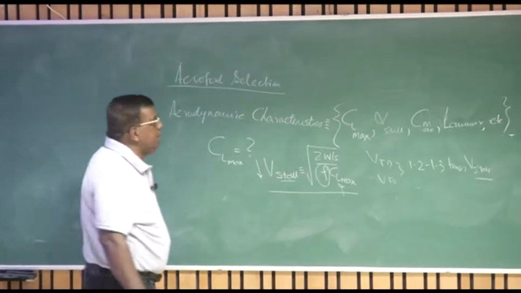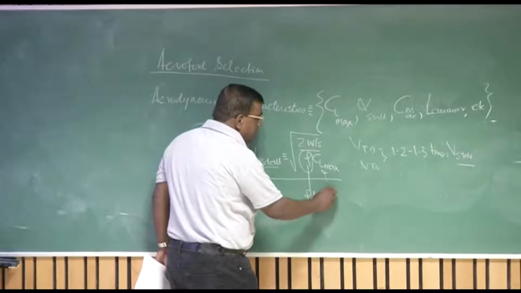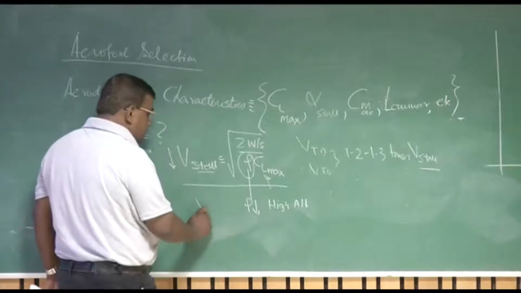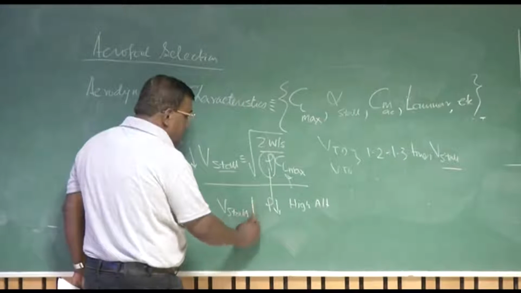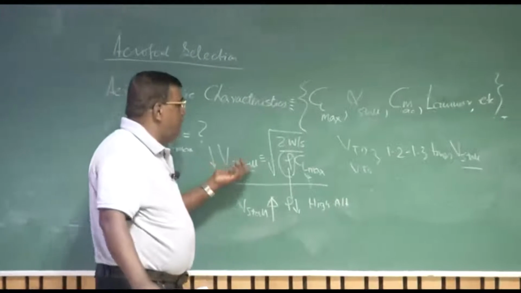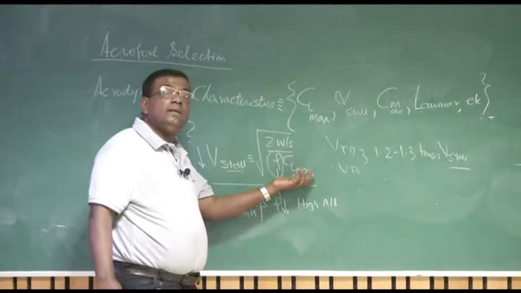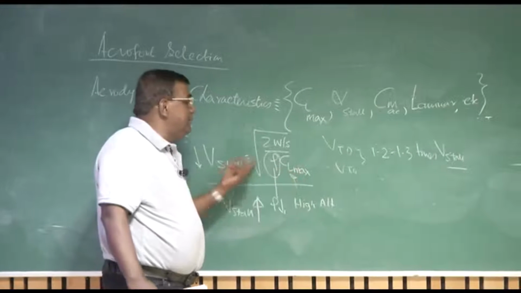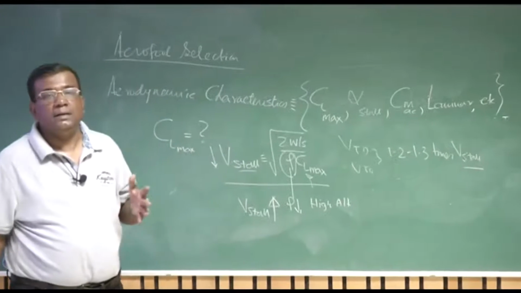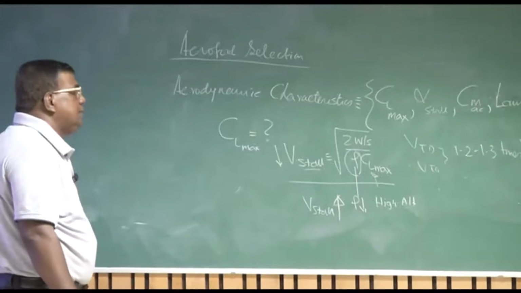So because rho goes down at high altitude, your Vstall has a tendency to be more than the Vstall required at sea level. So how do I compensate that? Because anyway I have to take off from Leh. So if I have a larger CLmax, then I can manage that much Vstall which my engine power can deliver, right? So this is one way of looking at why you want CLmax.